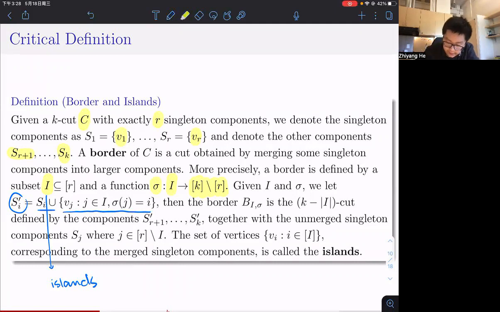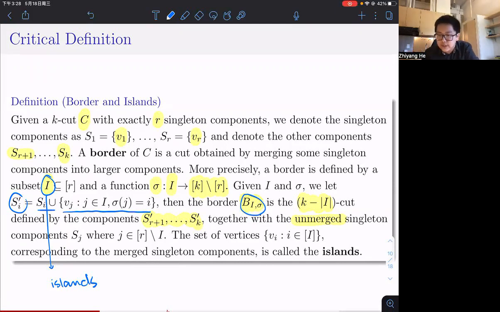We have a total of K minus |I| components, and the border B_{I,sigma} is just a K minus |I| cut defined by these components. So the new large components, which is K minus R of them, and the other singletons that were unmerged in the process. And we call the set I the islands, and this B_{I,sigma} we call the border.